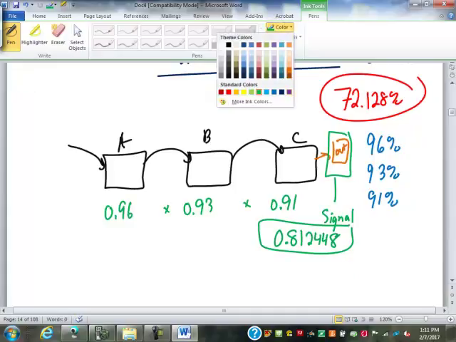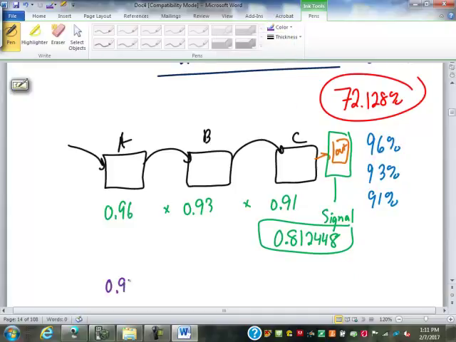If I rearrange them and put them in a different order, I'm still multiplying the same numbers together. I'm going to get the same result. So my signal level here at that final output is going to be the same no matter what order I put them in. So does it matter what order I put them in?